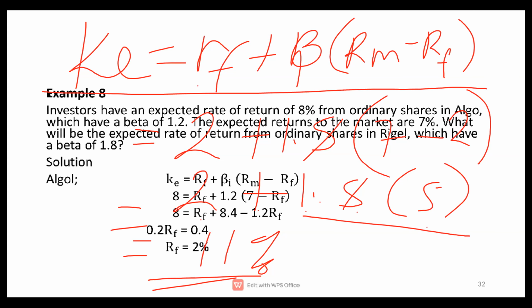We have found the risk-free rate, which is 2%. So you just put 2% plus the beta, which is given for this firm as 1.8, times the return from the market, 7%, minus 2%, the risk-free rate. So you have that and you have 11%. You got it? Yes, sir. Thank you.